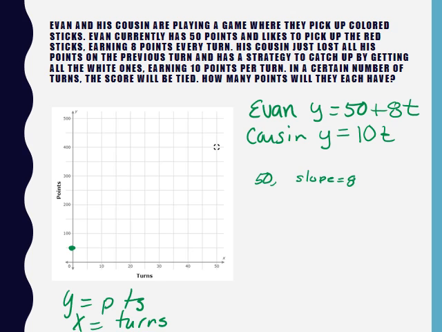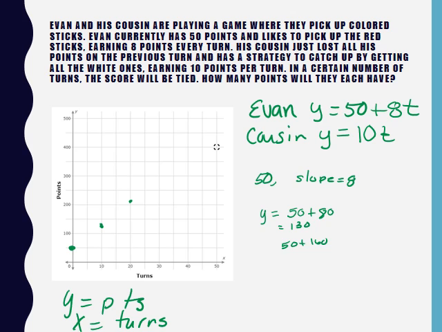For example, if he gets 10, 50 plus 80 is 130. So we'll estimate 130. If he gets 20, 50 plus 160 is 210. Do you see the pattern here? Every 10 turns, we're going up 80.